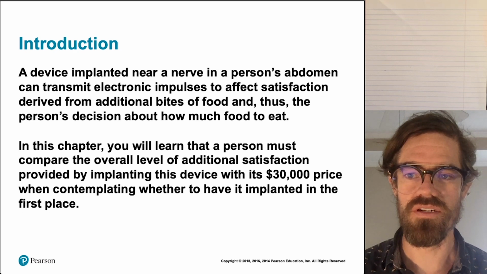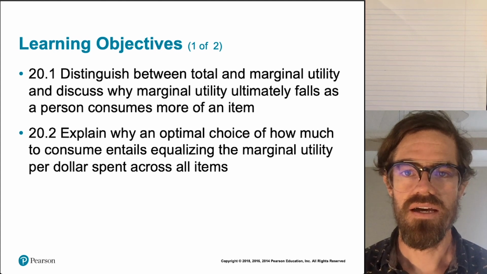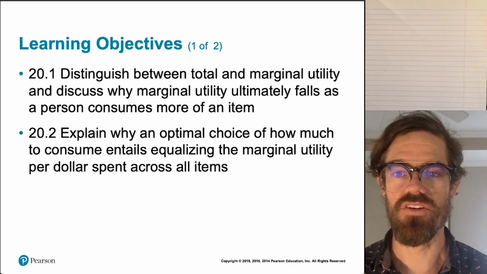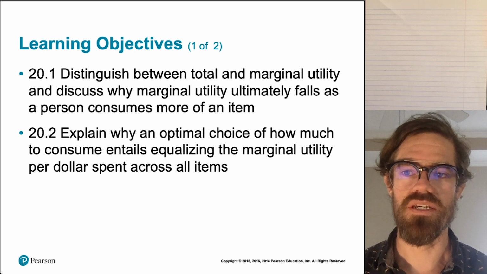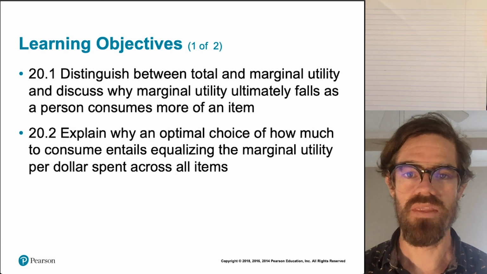As we move along, keep this in the back of your mind. Our learning objectives for this chapter are first to be able to distinguish between total and marginal utility, and to understand how they're related but also different from one another.